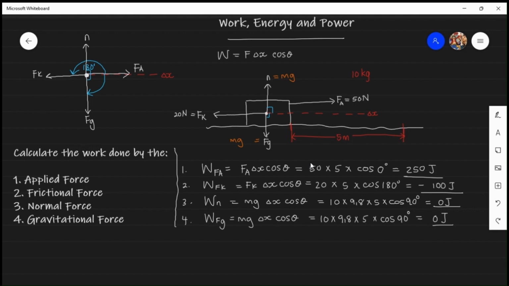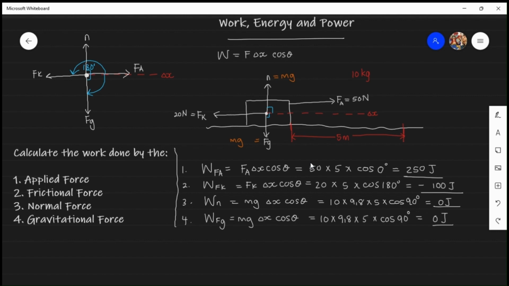Alternatively, we can use the formula work net equals F net times displacement times cos of theta, where F net is calculated by adding up all the forces that are acting on this object, taking into consideration the direction of those forces because we are calculating F net, which is a vector quantity.